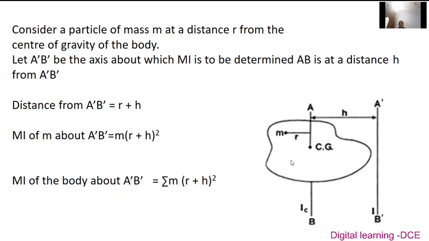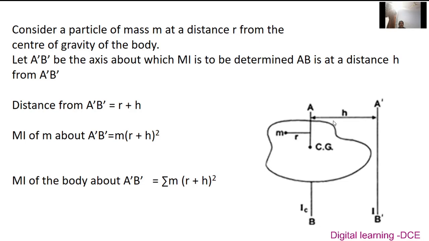Now let us consider a particle of mass m which is at a distance r from the center of gravity of the body. Let A'B' be the axis about which the moment of inertia is to be determined.